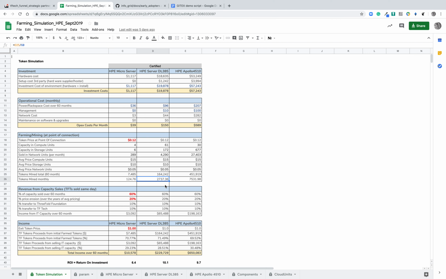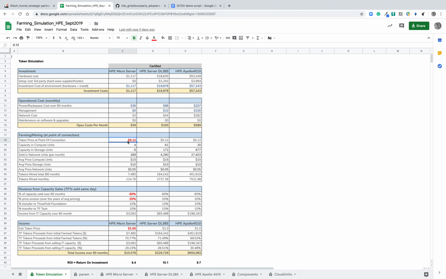Divided by 60, you will get, because again, you will only get these tokens if you meet your SLA, your own specified SLA, 2,740 tokens per month once you've achieved it. That's it. You don't have to do anything else. Connect your box, make it powered on, have it networked, and then you'll get this amount of tokens on a monthly basis.